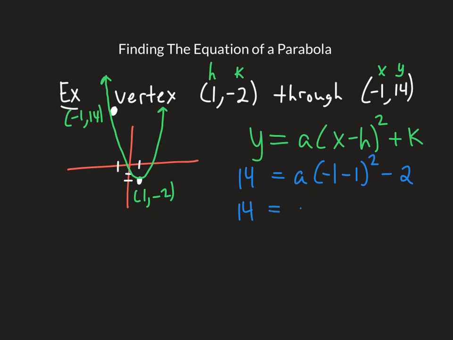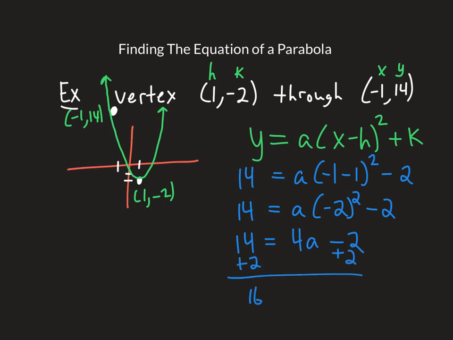Negative 1 minus 1 is negative 2. Negative 2 squared is 4, so this is 4a minus 2. We can add the 2 to both sides. 16 will equal 4a. And when we divide by 4, we get our value for a. A must equal 4.